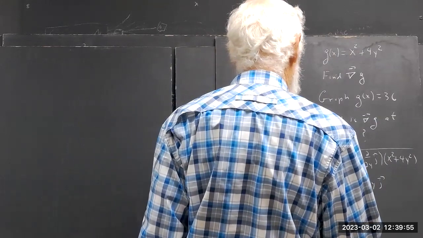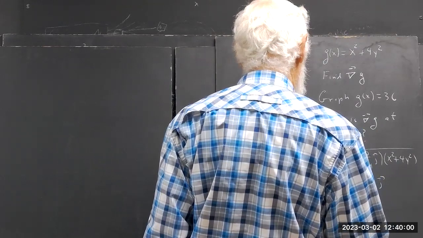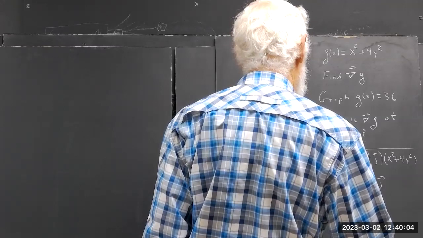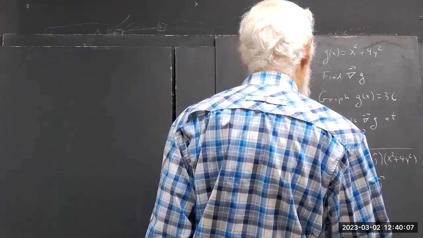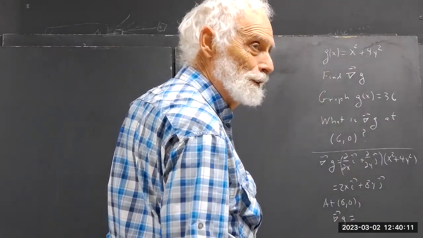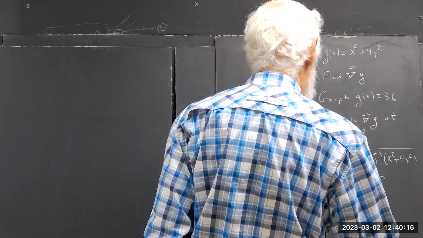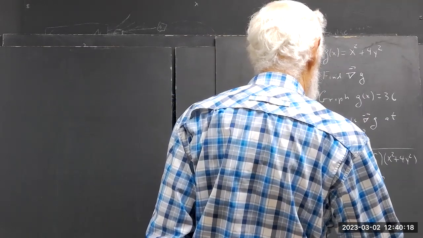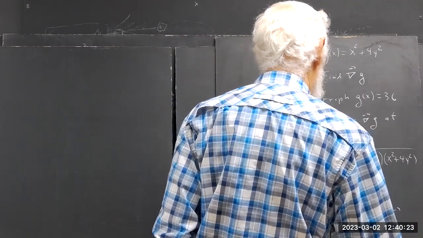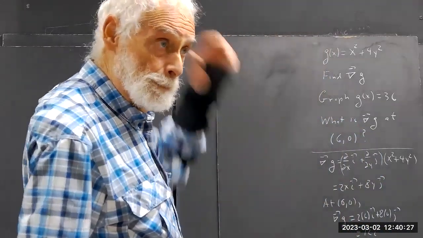And the gradient of g at 6, 0 is... I'm reading my own 6, 0 now. Okay. The whole calculation is very obvious, comes up 12i.